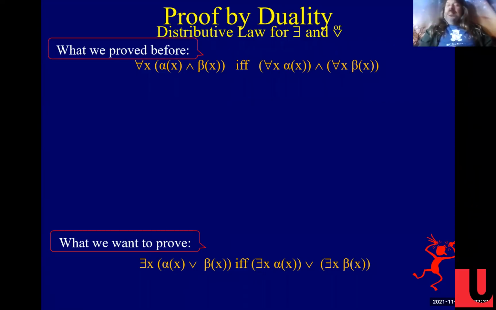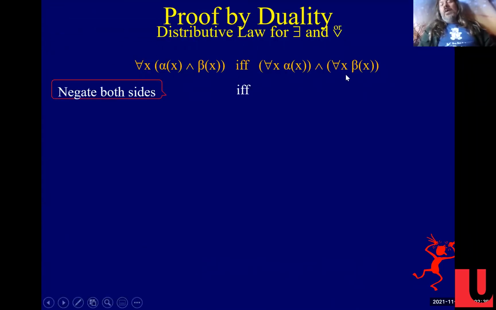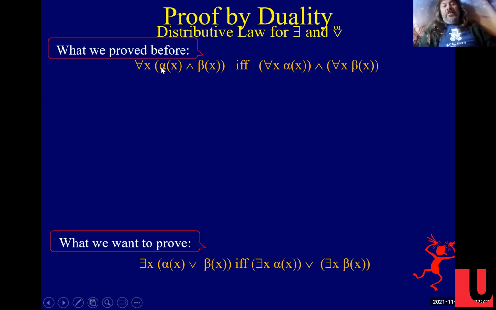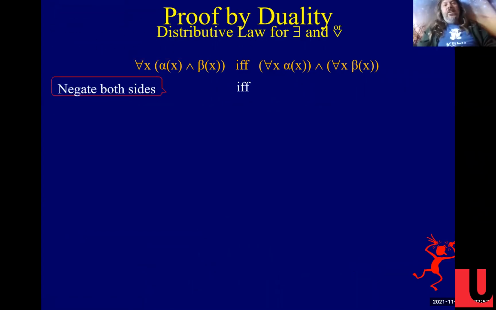All right, so how are we going to do it? Suppose that we already proved this one. Our goal is to turn this for all into an exists, and turn these ands into ors. So we just use the rules that we just looked at.